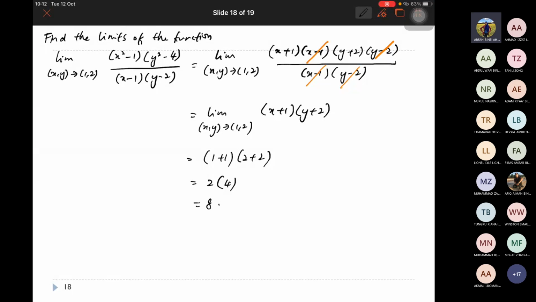So yang dan cuba buat soalan yang kedua. Okay. Limit of xy approaches 0 for x minus y over square root of x squared plus y squared.